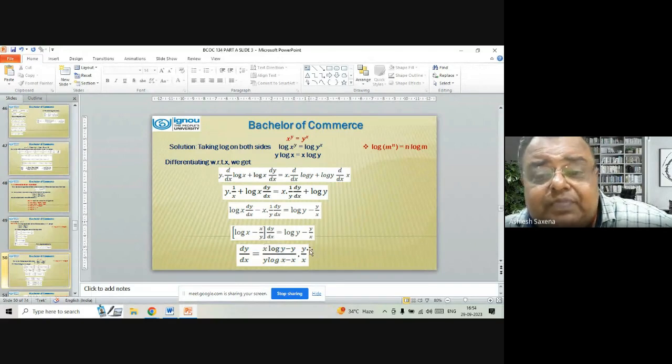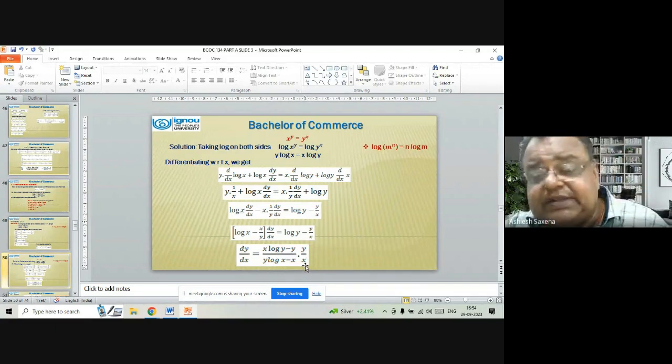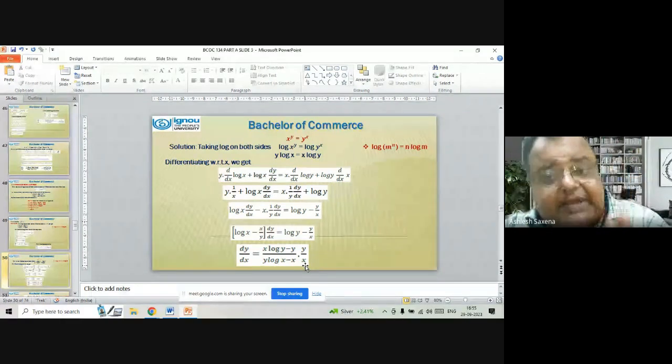So I will be getting dy by dx is equal to x log y minus y upon y log x minus x into y by x. This is how differentiation of composite functions are done when the powers cannot be reduced.